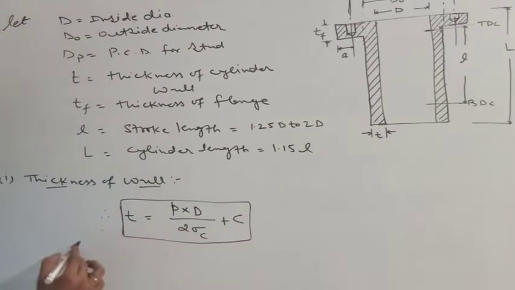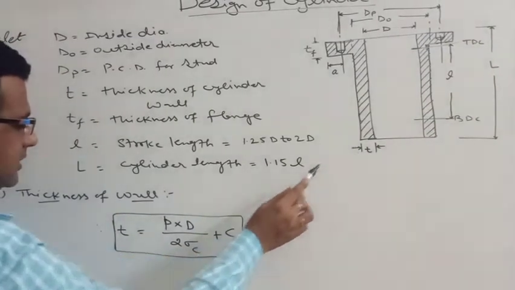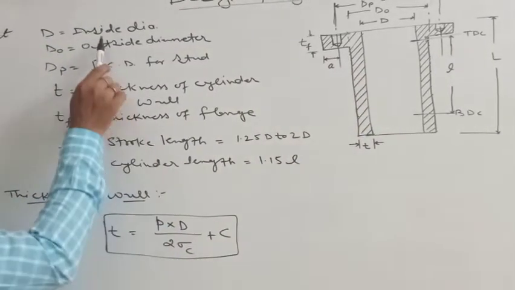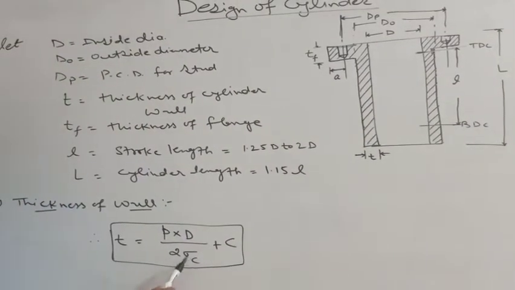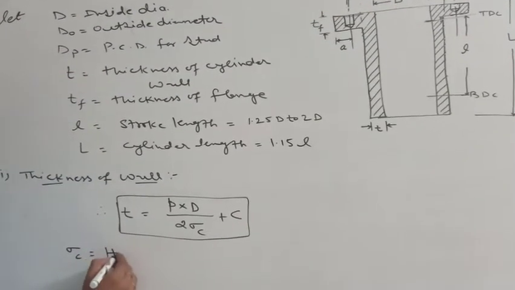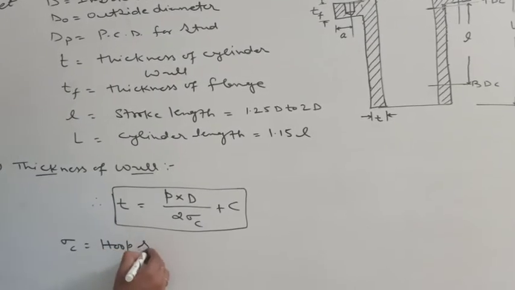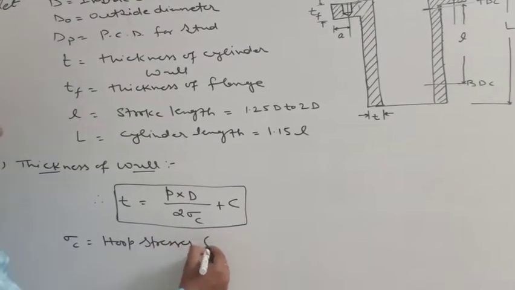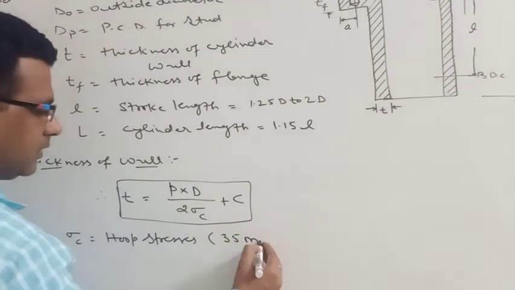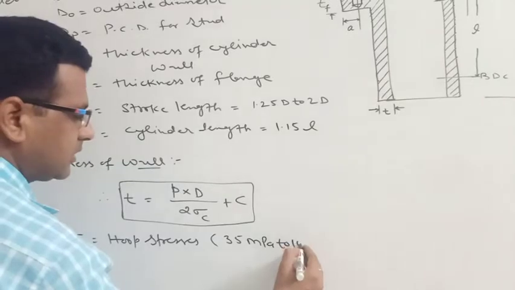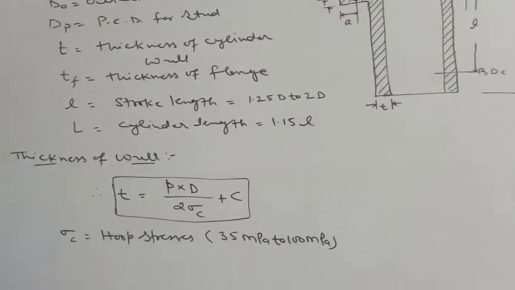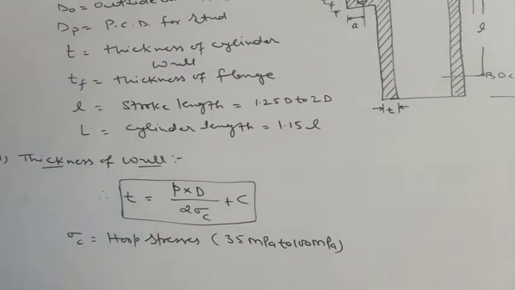This formula is used for the calculation of this thickness, in which P is the pressure inside the cylinder, D is the inside diameter, and sigma c is the hoop stress or circumferential stress. Mostly the value of sigma c is taken between 35 megapascal and 100 megapascal, depending on the size and material of the cylinders.